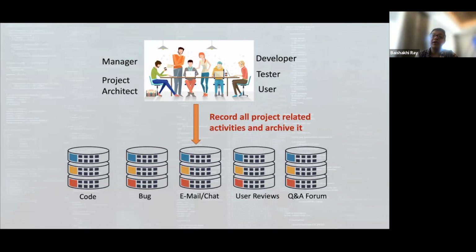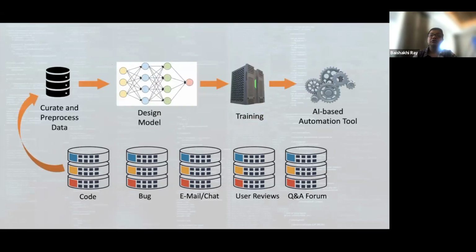Not only the code, we can record different project related activities and archive them. For example, what bugs developers are facing, the email and chat going on, user reviews, Q&A forums, etc. And they encompass not only developers' activity but many members of the software development team like managers, project architects, testers, users, everyone, right.